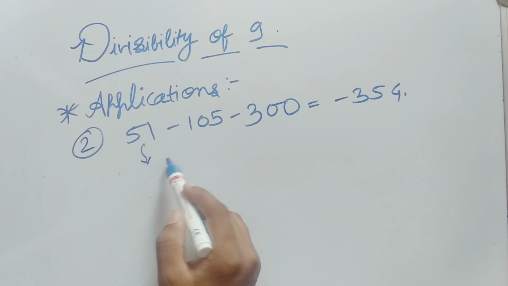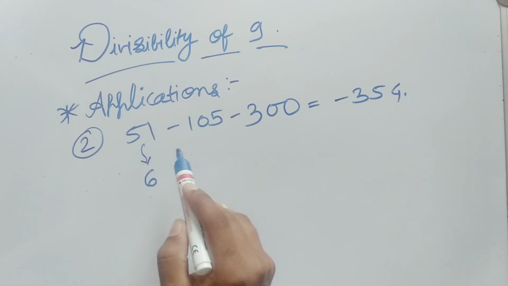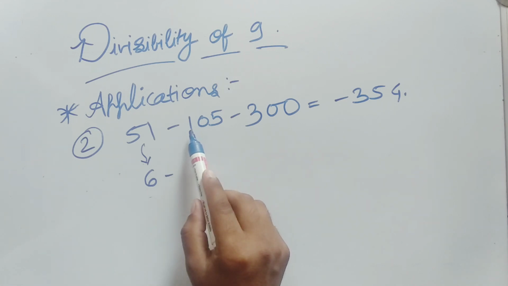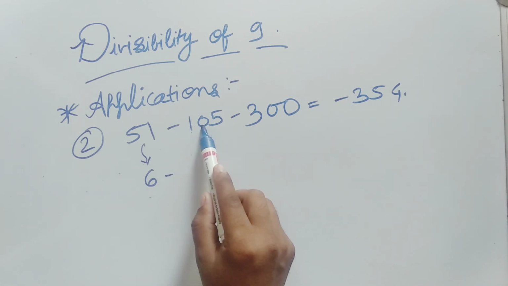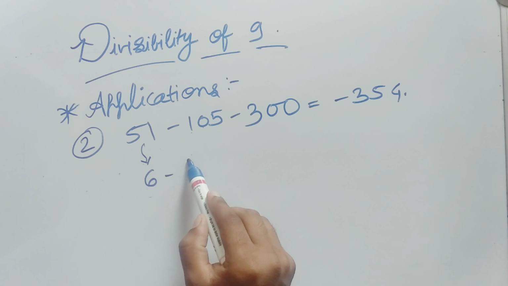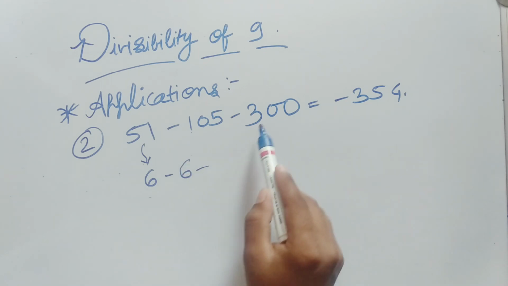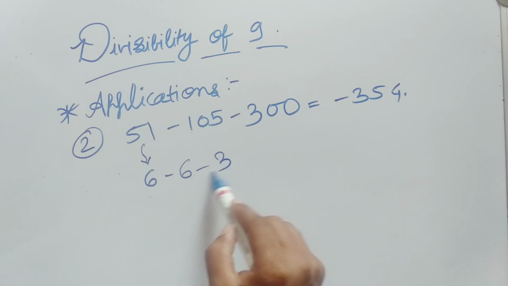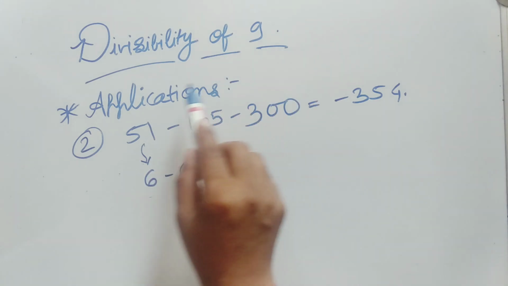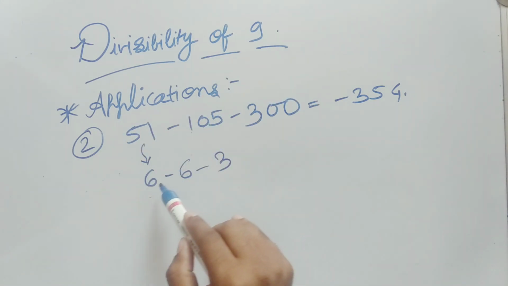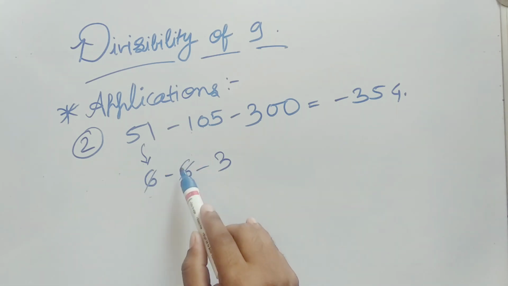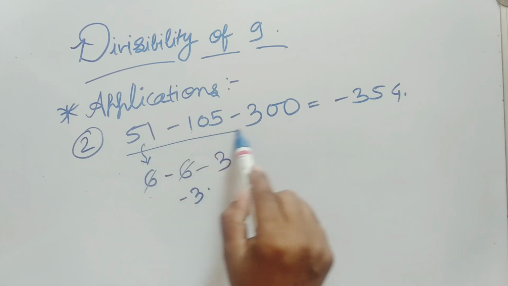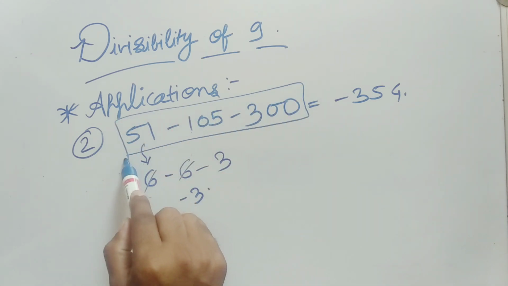So 5 plus 1 will give the single digit as 6, minus single digit of 105 will give us 1 plus 0, 1, 1 plus 5 will give 6, and for 300, 3 plus 0, 3, 3 plus 0 again 3. So for this entire equation, we can cancel out 6 and minus 6. So minus 3 is the single digit conversion of this entire equation.